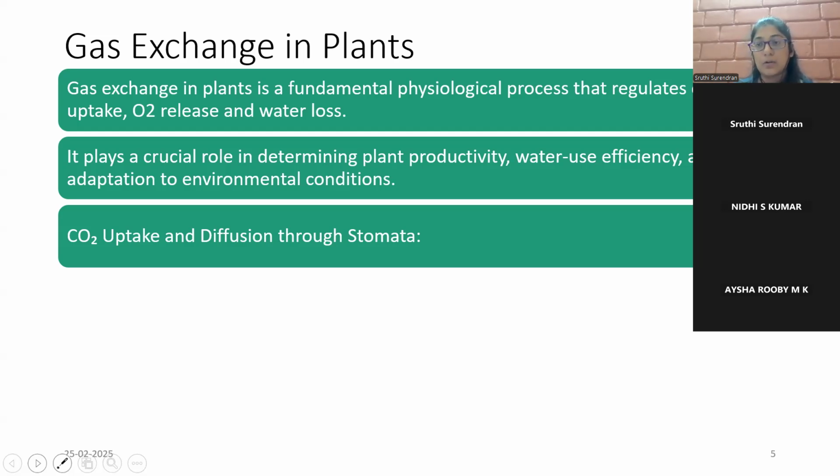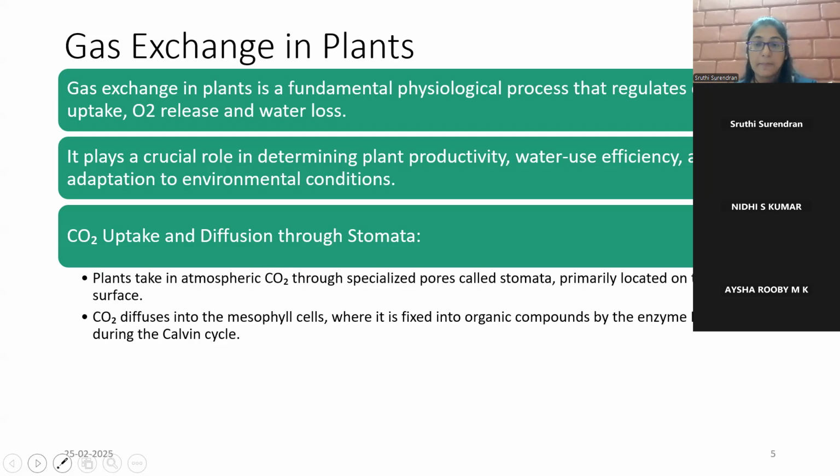I'll explain what is water use efficiency in the coming classes. Right now, let's just familiarize with this term. And then the plant adaptation to the environment in which it is surviving or existing is also hugely influenced by this gas exchange process.